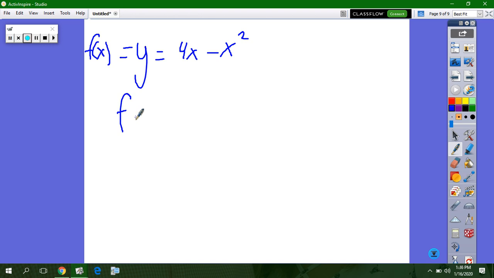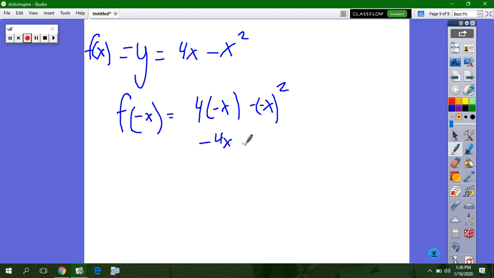So, once again, let's check. I'd get 4 times negative x minus negative x squared. I get negative 4x minus x squared. y is, remember, just a different name for the output of a function, right?